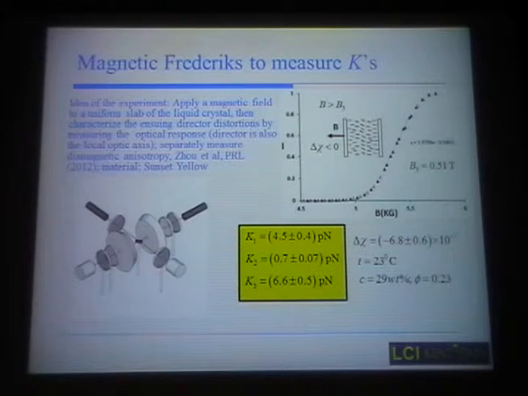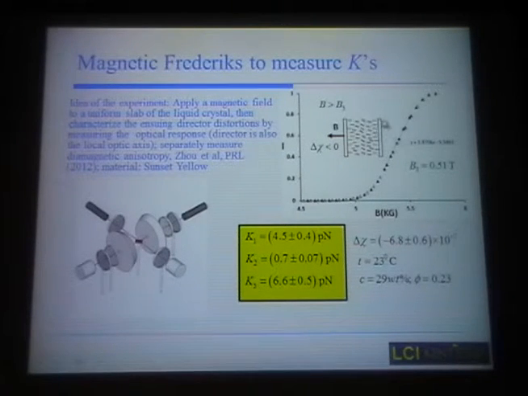The simplest experiment is one in which you have a homeotropic cell, so you have two plates and the molecules are perpendicular to them, and then you apply the magnetic field parallel to the director. If you remember the structure of the chromonics, with polar aromatic cores being perpendicular to the columnar axis, you would guess that the anisotropy of diamagnetic susceptibility is negative, and that is correct.